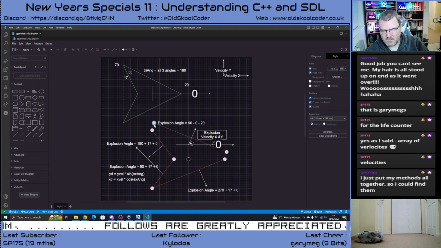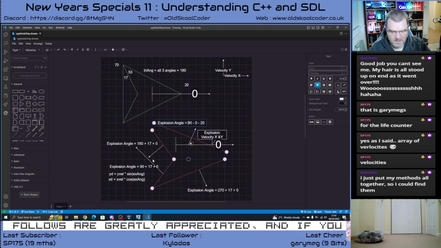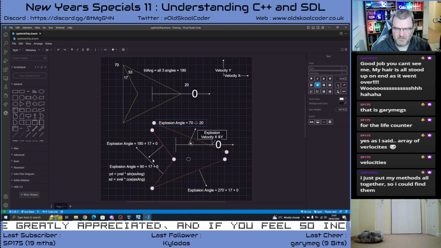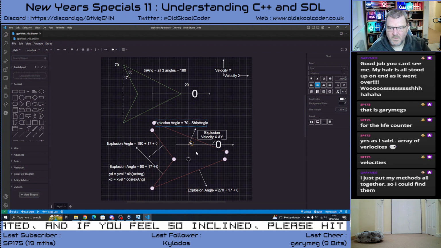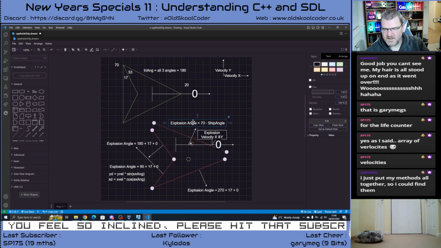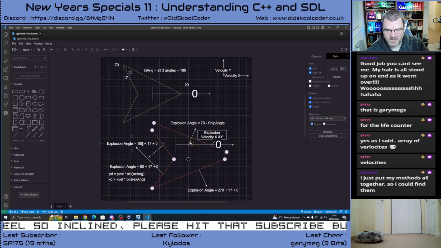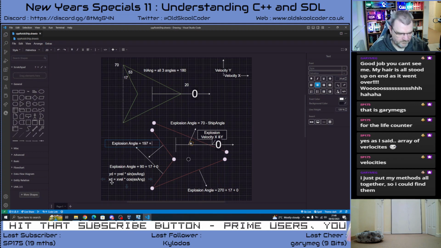So, the first two are going to be effectively 70 minus ship angle. Yeah, so that one's basically going to be 70 minus ship angle. This one's going to be 197 plus ship angle.